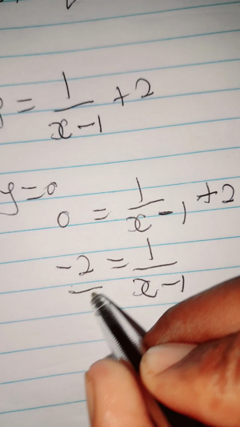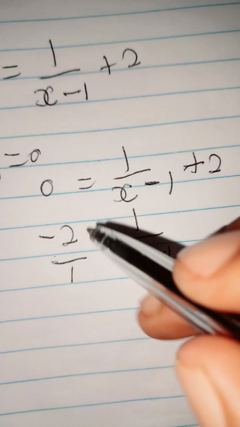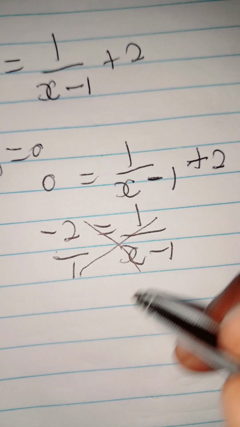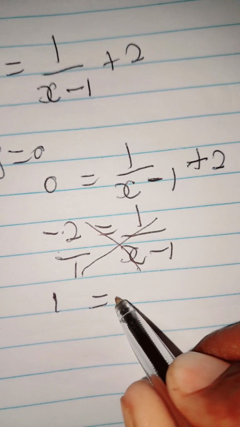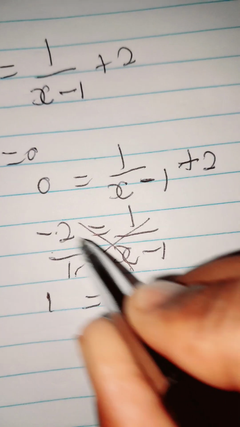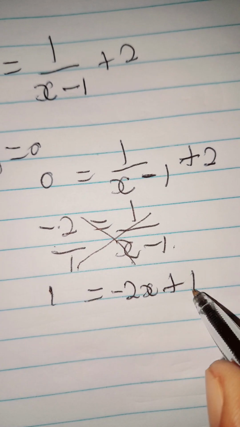So -2 is the same as -2 over 1, and here you can cross multiply. 1 times 1 is 1, and -2 times x is -2x, and -2 times -1 is going to be +1.